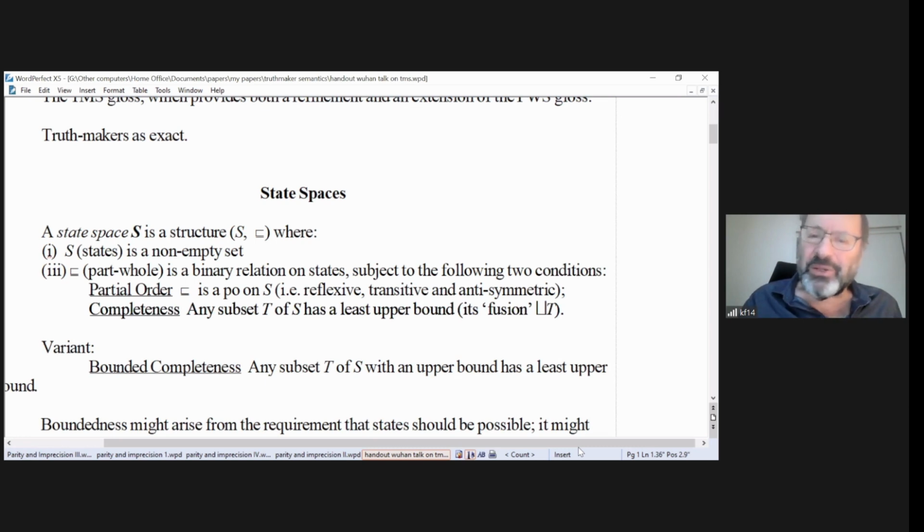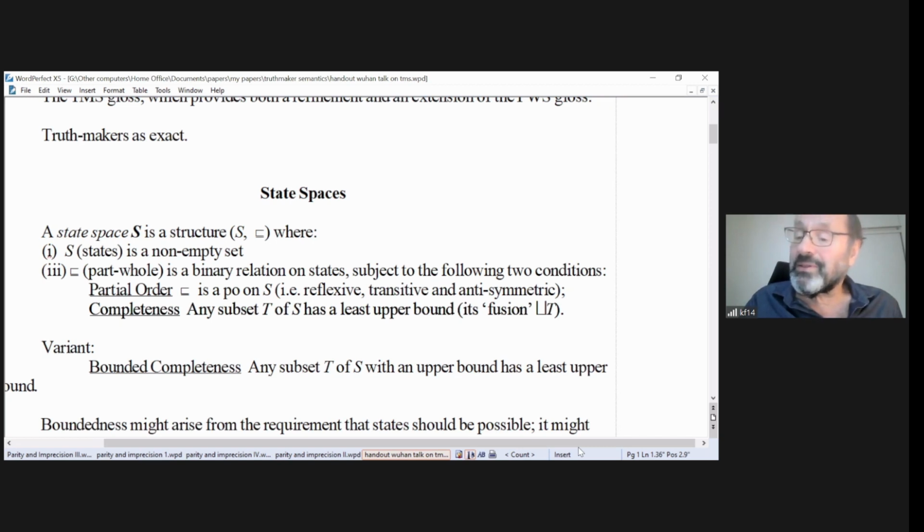But the requirement that all states be possible isn't the only reason why you might want to insist upon bounded completeness. You might want to allow that impossible states can be truth makers, but you might think there are other reasons why a state could not be a truth maker. That hasn't been ruled out. Later, when it comes to the semantics of quantifiers, we'll come to see that there are these other reasons.